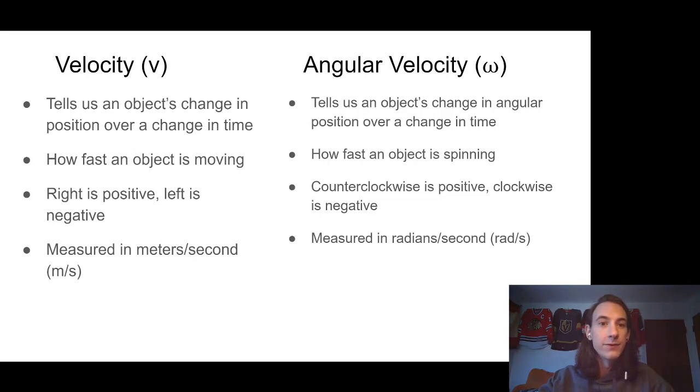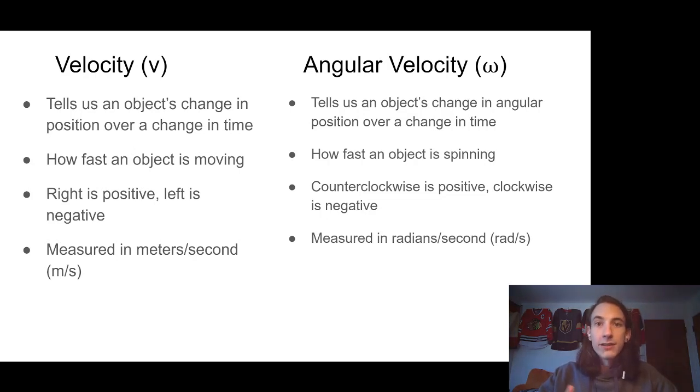And we had to define a few things because it was starting to get a little bit weird. We had to say, okay, well, let's call right positive and left negative. So if we're moving to the right, we'll say that's a positive velocity. If we're moving to the left, let's call that a negative velocity. And then we measured this in meters per second. So how many meters did we change in a certain amount of seconds?